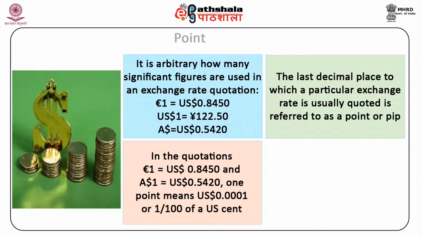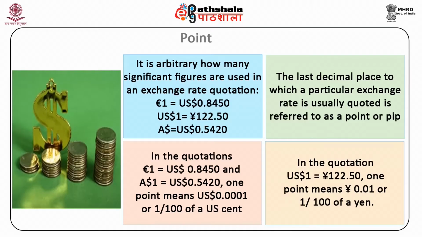In the quotation, 1 euro is equal to 0.8450 US dollar and 1 Australian dollar is equal to 0.5420 US dollar. 1 point means 0.0001 US dollar or 1/100 of a US cent. In the quotation, 1 US dollar is equal to 122.50 yen. 1 point means 0.01 yen or 1/100 of a yen.